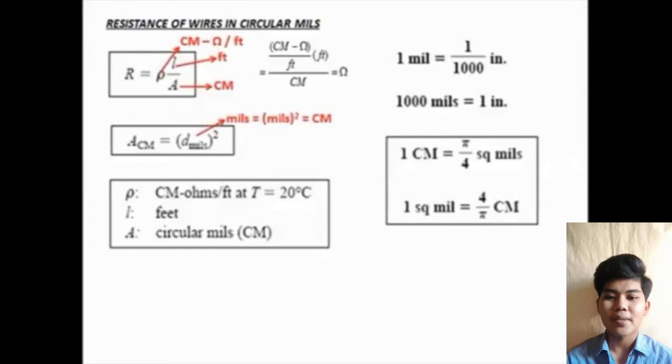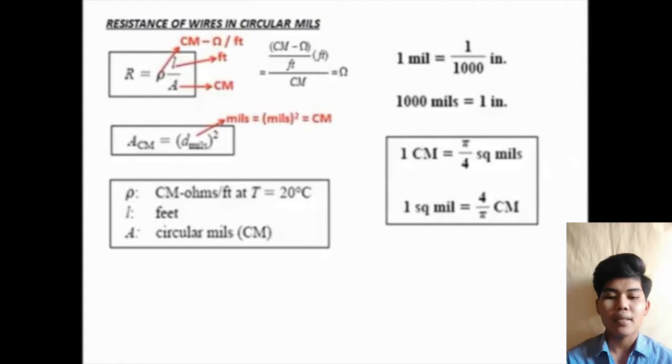So let us derive the unit para sa resistance. British unit ang unit dapat ng rho mo. It is a constant value. Dapat yan ay naka-circular mil ohm per feet. Dapat ang unit ng length mo ay naka-feet. And dapat ang unit ng area mo ay naka-circular mil. So kung papansin mo, pag in-evaluate mo itong buong formula na ito, ang lalabas is circular mil ohm per feet times feet over circular mil.